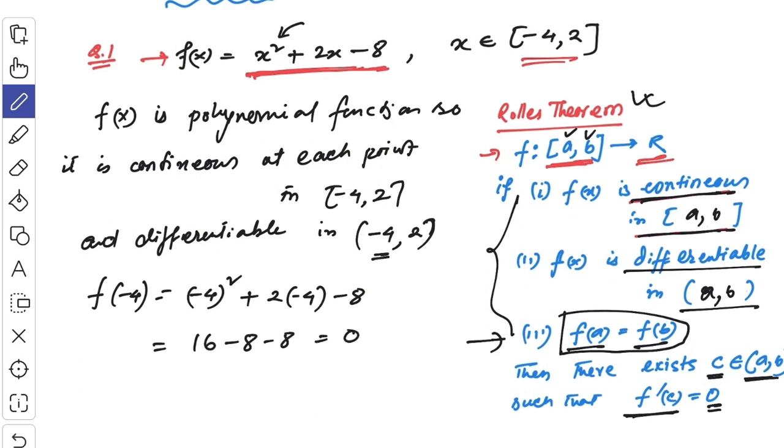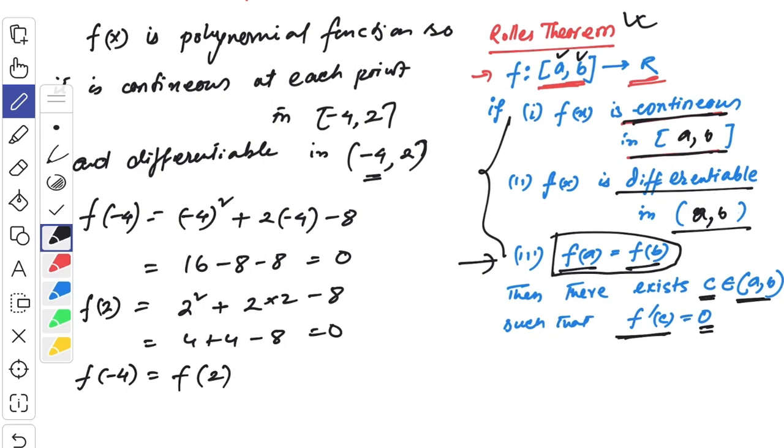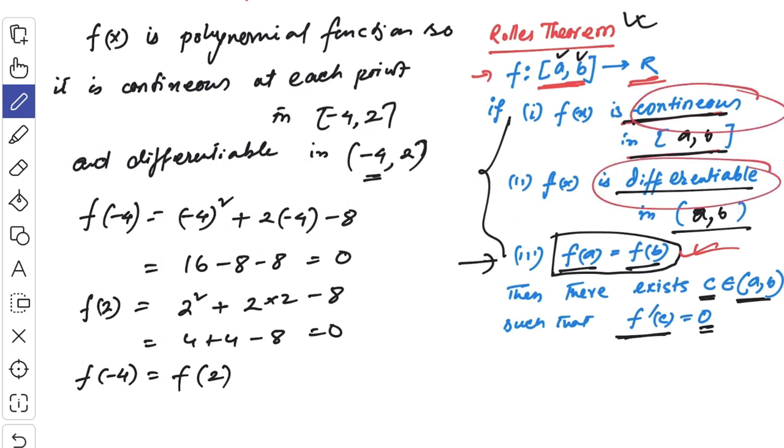Now let's find f(2). It is 2 square plus 2 into 2 minus 8, that is 4 plus 4 minus 8, which is 0. So f(-4) is equal to f(2). The third condition is satisfied. As it is a polynomial function, it must be continuous and differentiable, and it also satisfies this condition. So Rolle's theorem is applicable, isn't it?